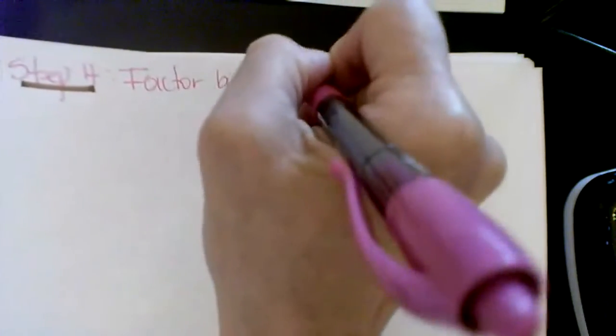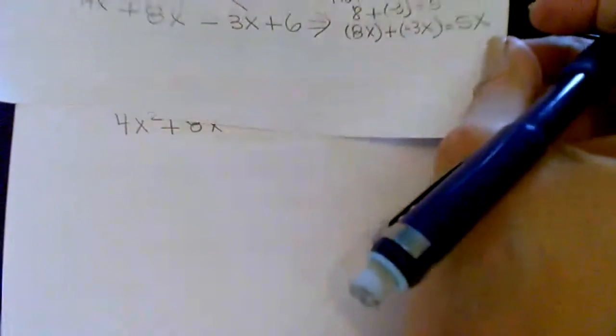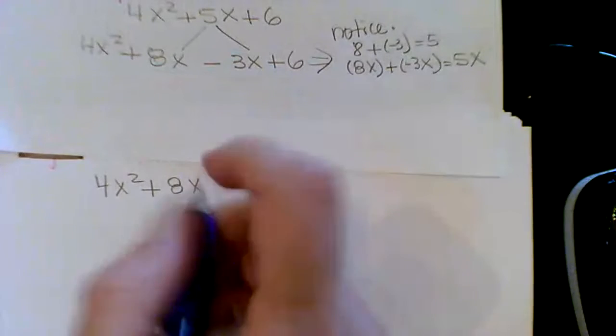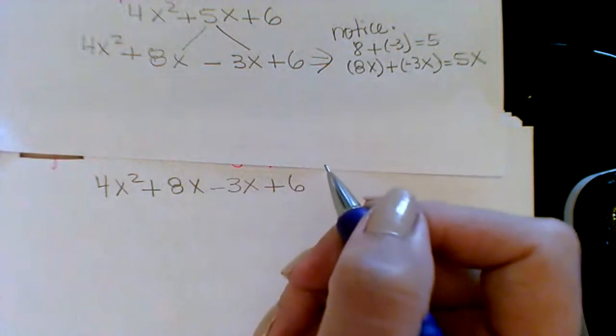What do we need to do? We're going to factor by grouping, right? Because we have how many? 4 terms, don't forget that. So we have 4x squared plus 8x, from here I'm writing it down, minus 3x plus 6.